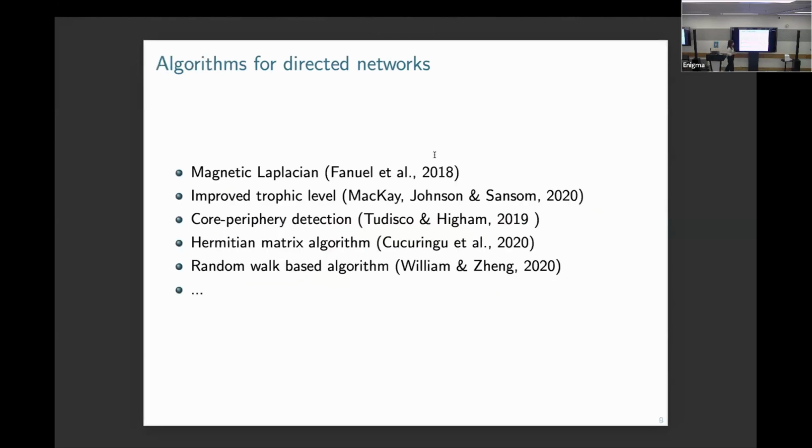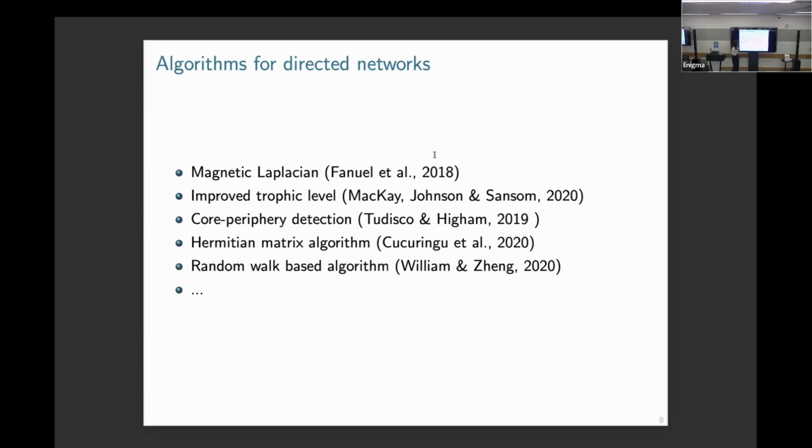Okay, so there have been a few nice works on directed networks, and this is not an exhaustive list. There's a magnetic Laplacian by Fanuel et al. that assigns the phase angle to each node, such that the edges tend to point in the anti-clockwise way if we position the nodes on the unit circle.